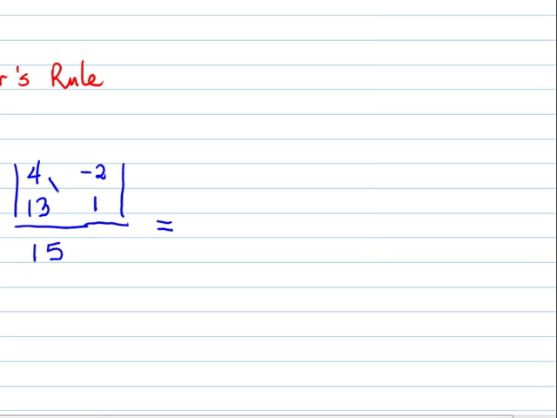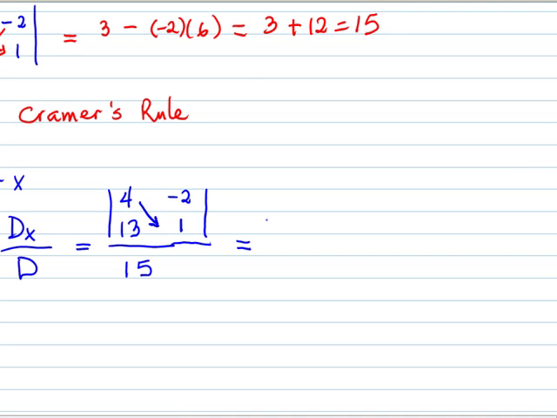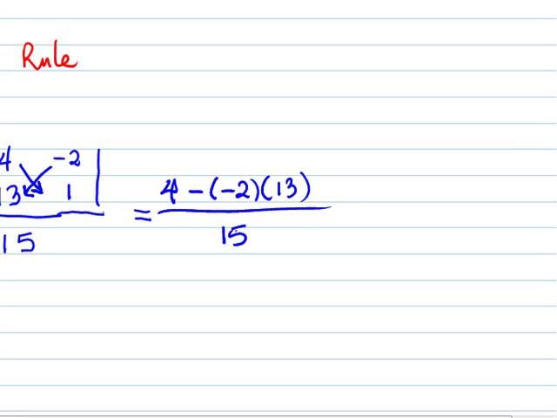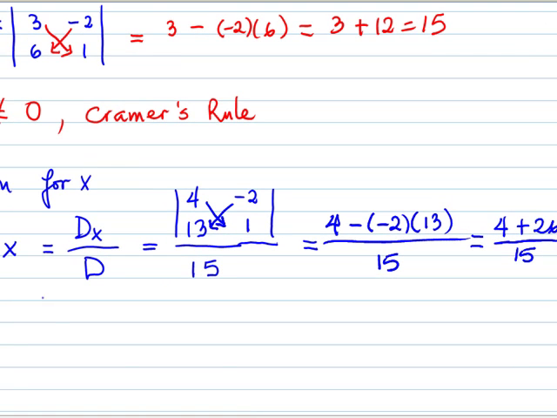So I have 4 times 1 is 4 minus 2 times 13, over 15. So I have 4 plus 26 over 15. So I have 30 over 15. Therefore, x equal to 2.